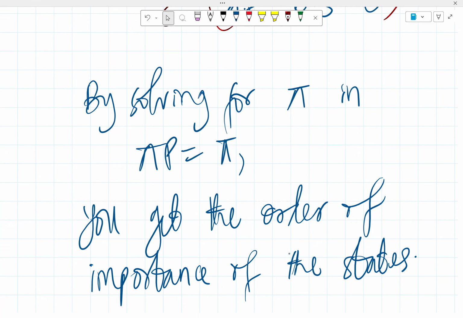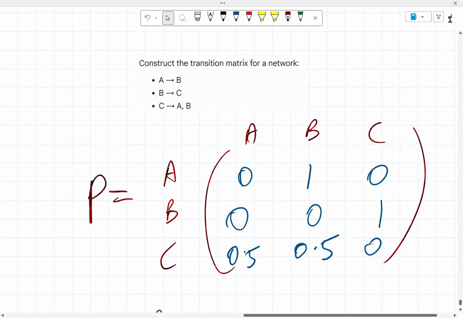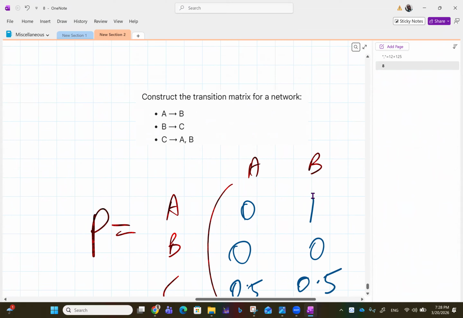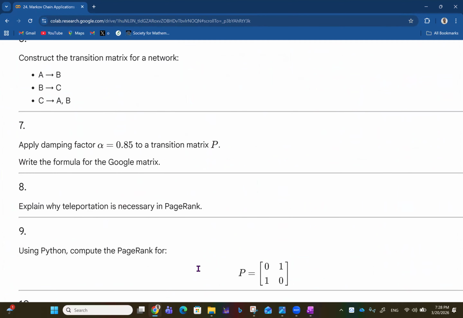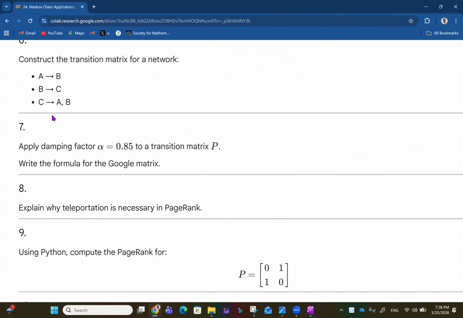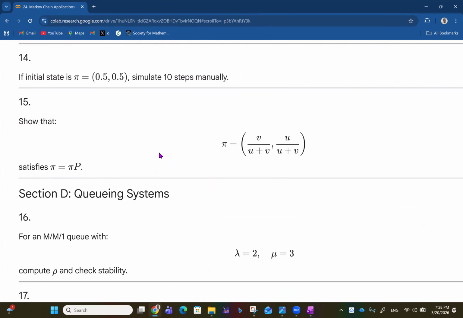We've done pi P equals pi a lot of times, so you want to check that out. For a 3 by 3 it becomes a bit more tasking, right? Apply damping factor A to this. Yeah, so please just try all of these out and see how helpful it is.